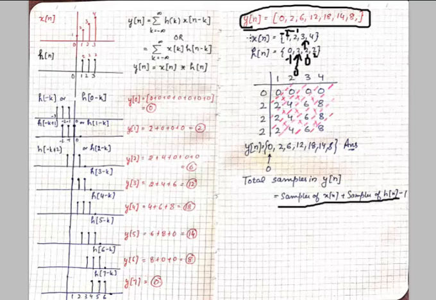Because this was a typical case where both x of n and h of n were starting from origin, so we started y of n from origin also. But what will happen if x of n and h of n are not starting from origin?